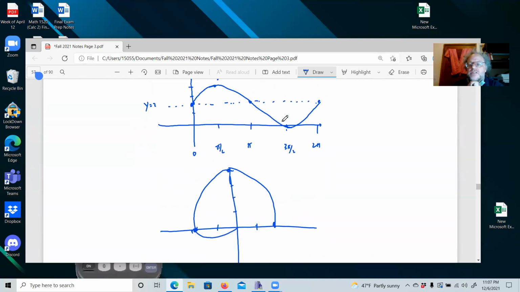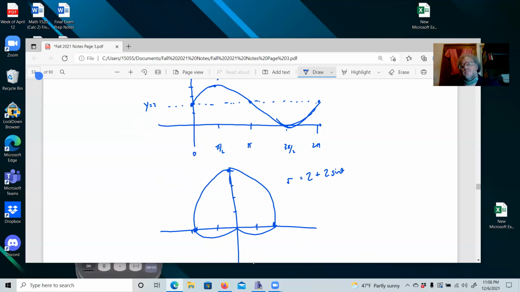Okay, and then it just touched 3 pi over 2. Okay, don't judge my graph too harshly. Okay, and we're going to go back up to 2. All right, so that's how you graph r equals 2 plus 2 sine theta.